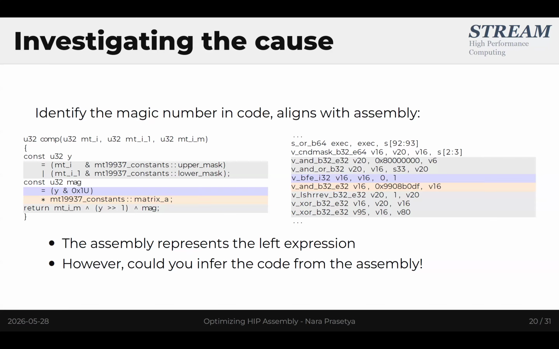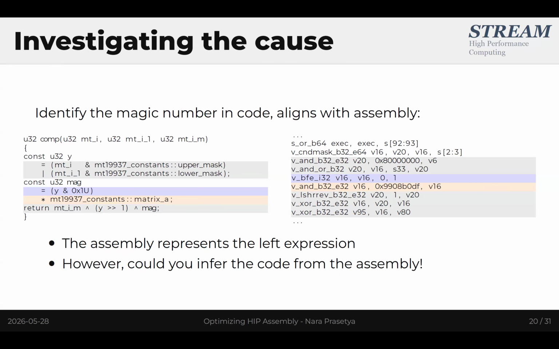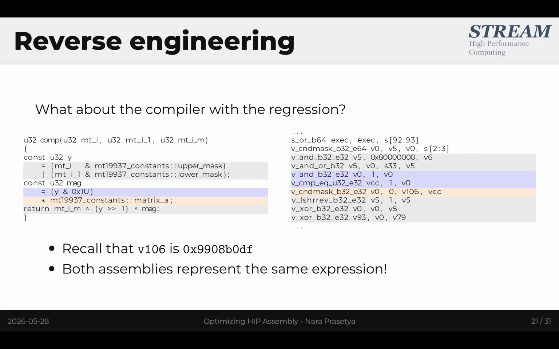So this right side here is the original code, by the way. And this is the unoptimized regression case, where it basically literally takes the left code. Here it does something slightly different, and here it does completely different things.